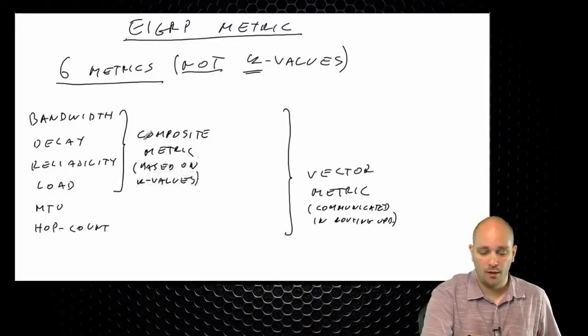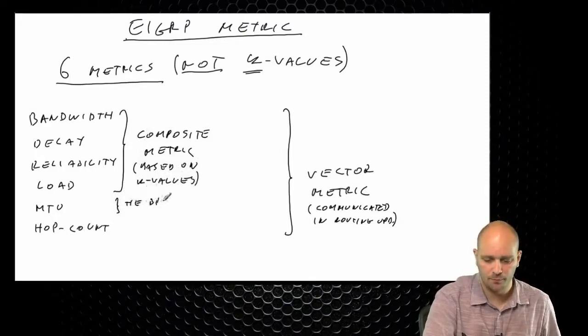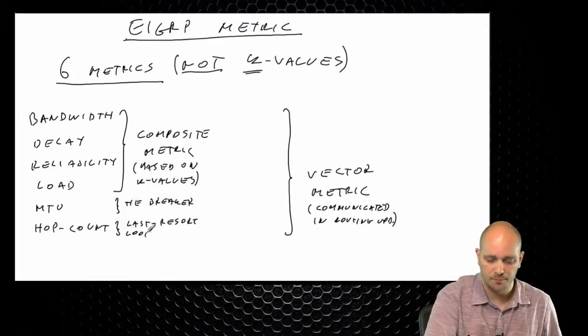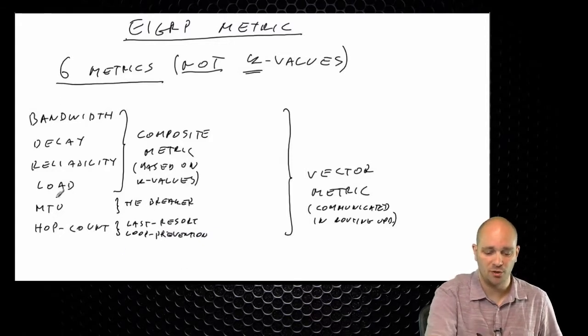Now, MTU here is used as the tiebreaker, and I will explain that a little bit later on. And hop count is the last resort loop prevention. And as you can see, MTU and hop count are not actually taken into account for the composite metric.